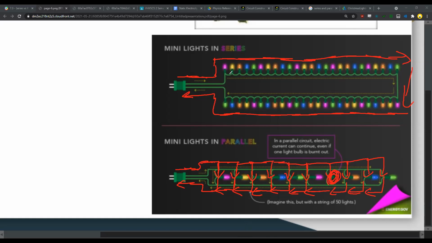Whereas in a series circuit, if this light bulb stopped working, the rest of this circuit would not have an electric current anymore. No more electric current would run through the rest of this circuit, and so the circuit would stop working.